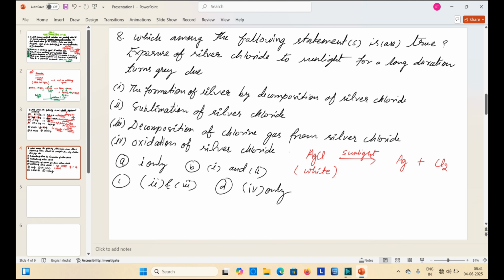So here twice AgCl should be there because Cl2 is there, and here will be twice Ag.